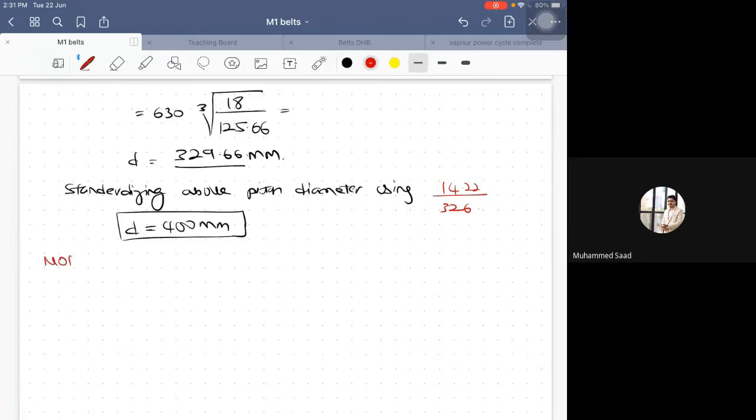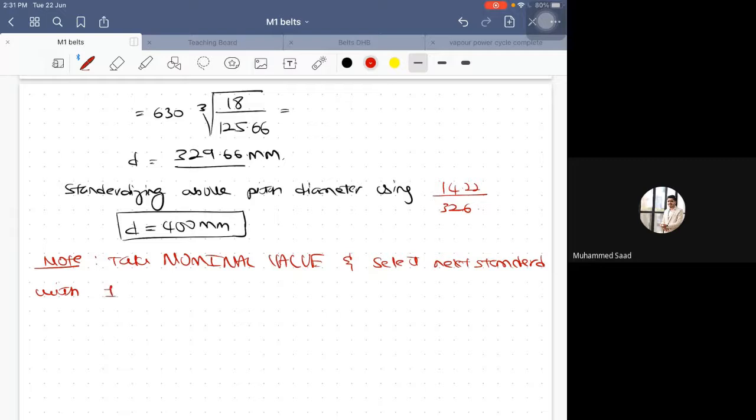So note: take nominal value and select next standard with 1 as a preference with respect to the belt type. Just write it and leave it.